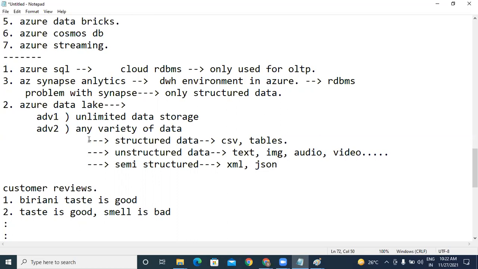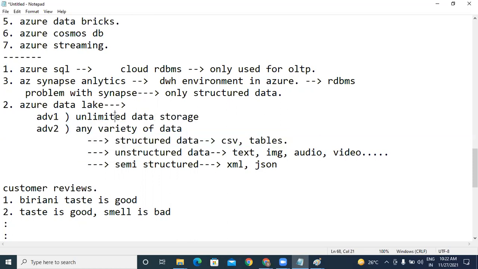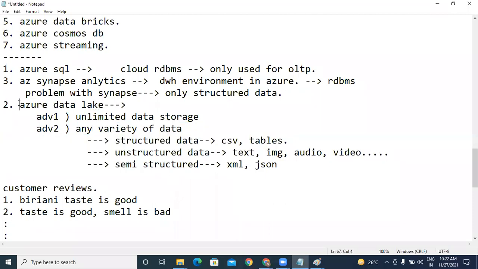Any kind of data you can store in the data lake, and any volume of data too. First point, any volume, petabytes or multi-petabytes you can store. Second, any variety of data you can store and process. This is the advantage of Azure Data Lake.